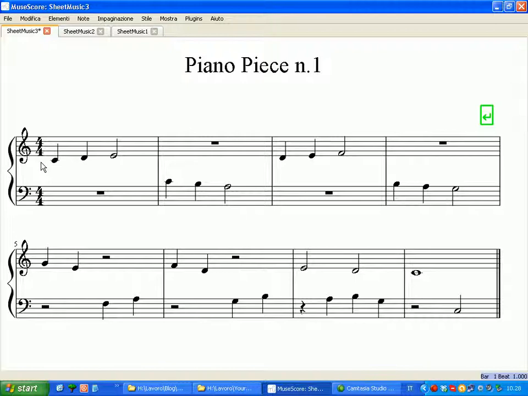Of course, as we have already said in the previous lessons of reading music, in a 4/4 bar, the total duration of the notes and the rests will always be 4/4.